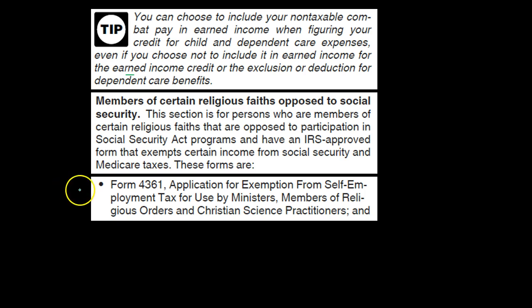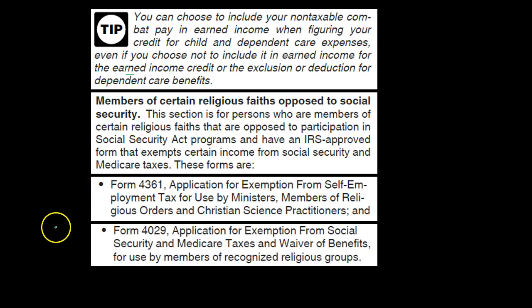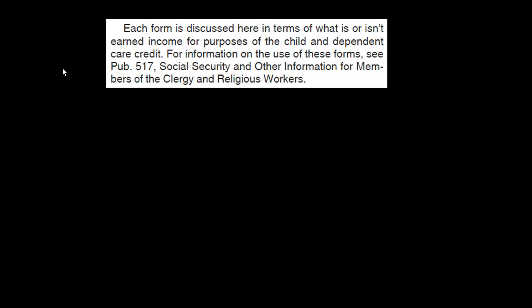So that's a special case right there. And then Form 4029, Application for Exemption from Social Security and Medicare Taxes and Waiver of Benefits, for use by members of recognized religious groups. Each form is discussed here in terms of what is or isn't earned income for purposes of the Child and Dependent Care Credit. For information on the use of these forms, see Publication 517.